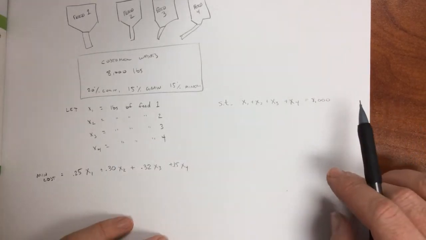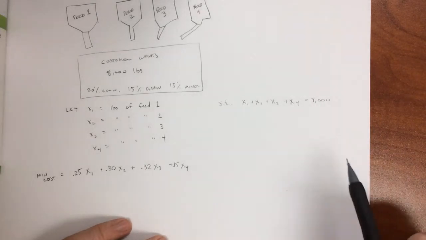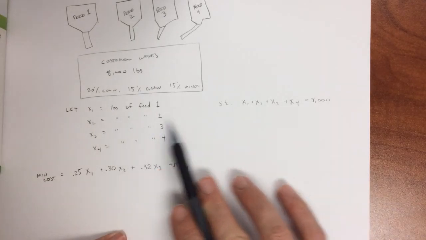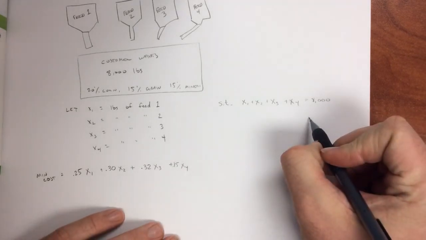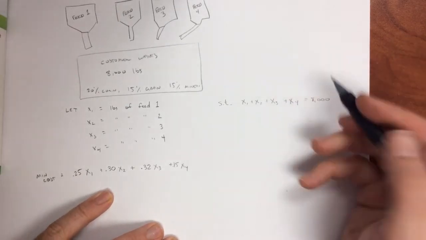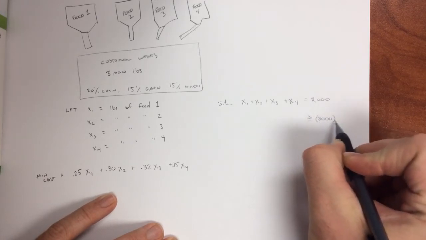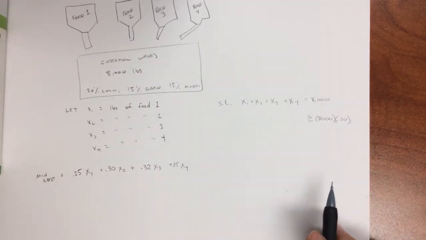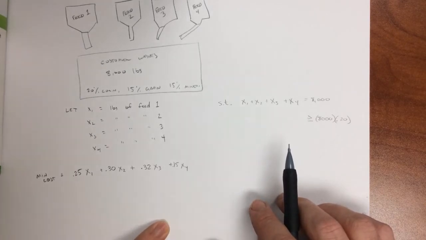Now the next constraint we want to think about is, of this 8,000 pounds, we want 20% of that to be corn. Well, let's convert our constraint not to a percent, but to an actual pound amount. So we want the amount of feed we use to be at least 8,000 pounds times 20% as our right-hand side. And this is for corn. Well, how many pounds of corn come into our feed?